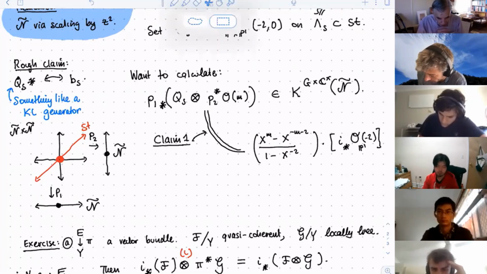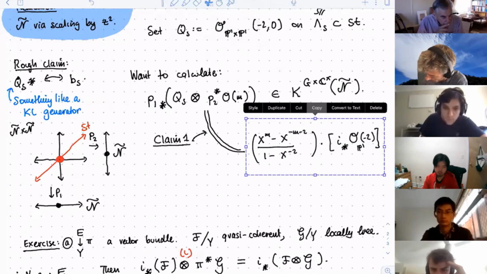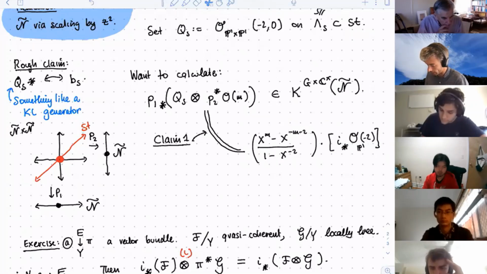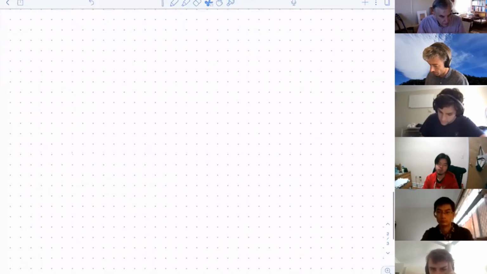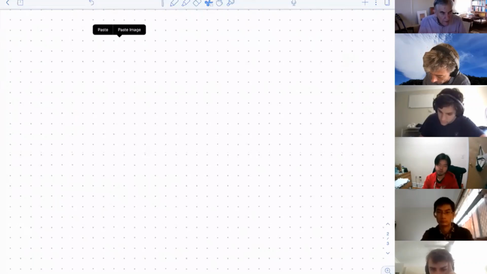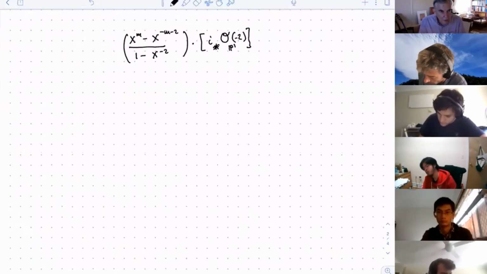So let me copy this formula here. And go to the next slide. So what do we need to do?